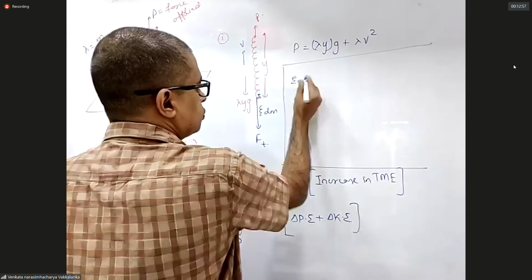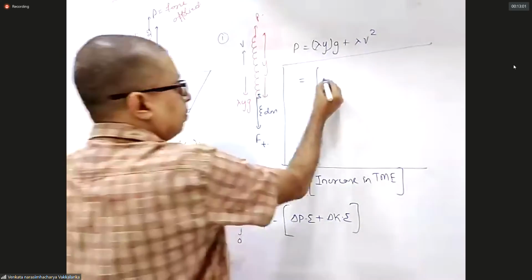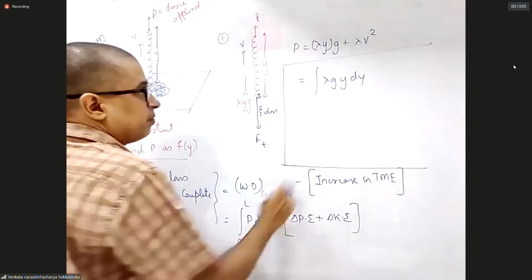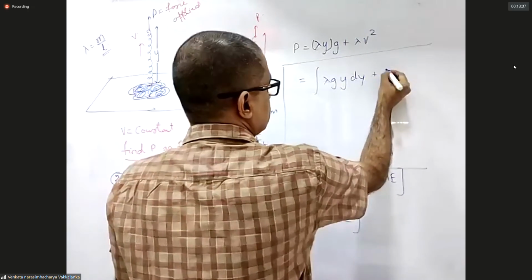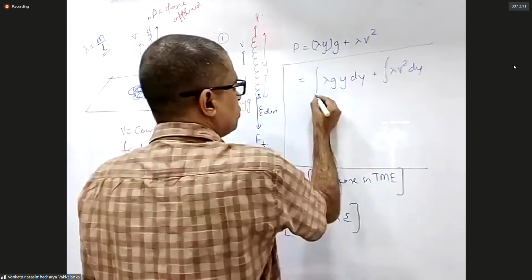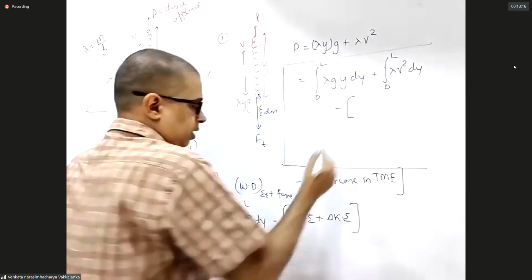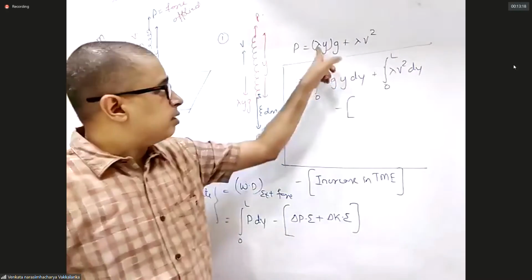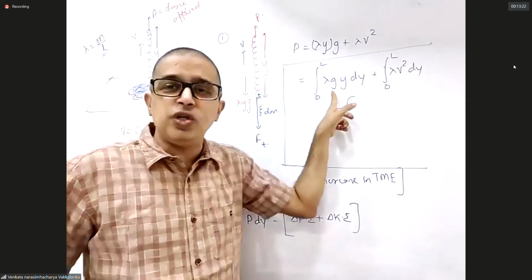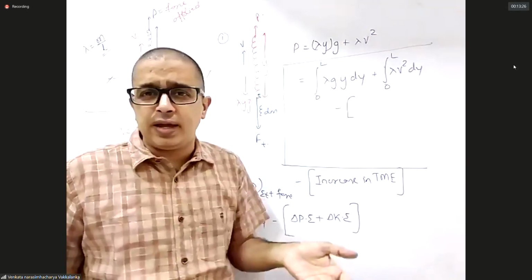Energy loss will be integral of P, which is lambda G y dy plus lambda v square dy, 0 to L, minus... Now by the way, this P into dy I substituted. My limits are from 0 to L. When you solve in the booklet, your limits will be from 0 to L. No big deal.